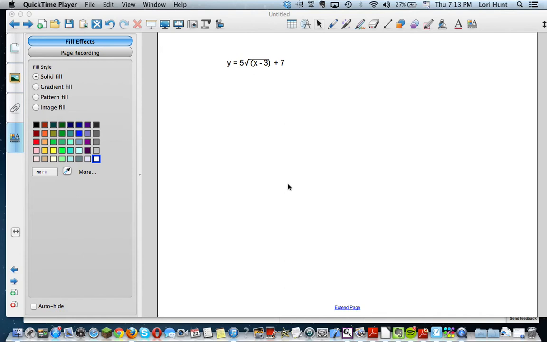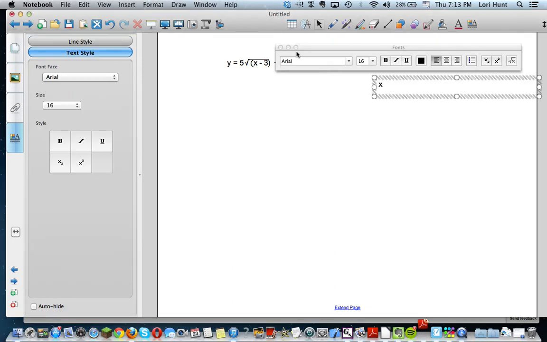Okay, another thing that keeps coming up is how to find the inverse of these more complicated equations like this. So most of you remember that the inverse can be found by simply switching around the x and y.